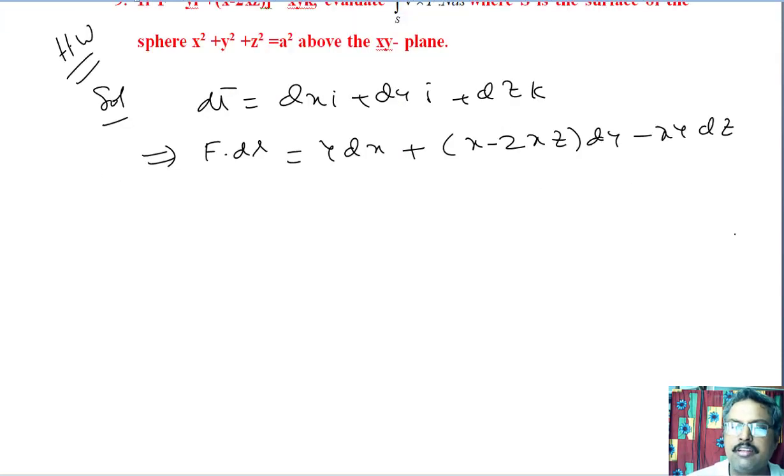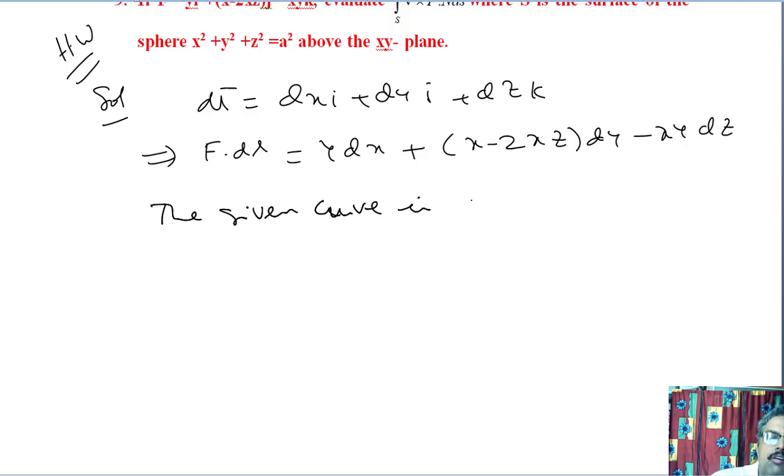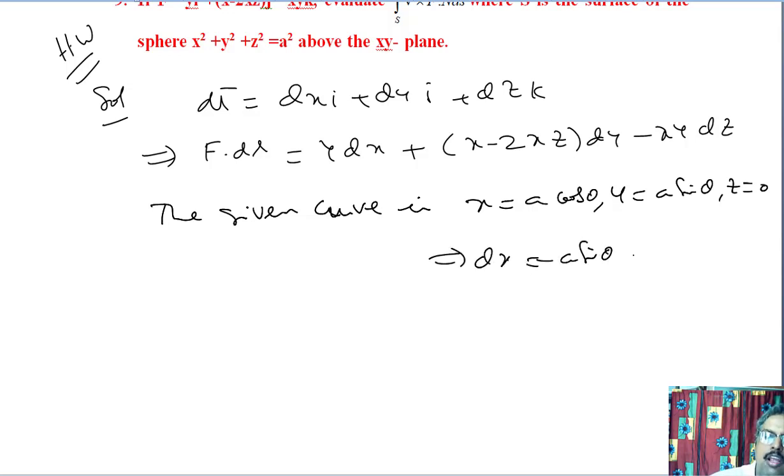Now the given curve, as we already discussed and like our previous problem, is x equals a cos theta, y equals a sin theta, z equals 0. dx equals minus a sin theta d theta, dy equals a cos theta d theta, dz equals 0. Now find F dot dr.